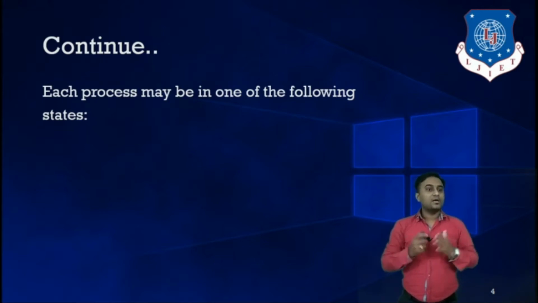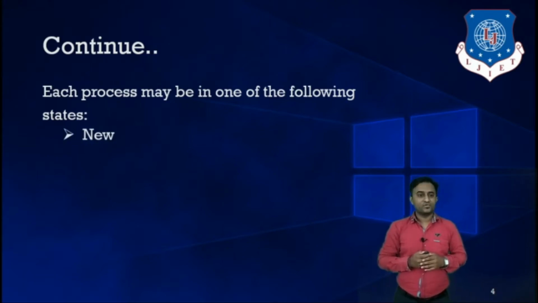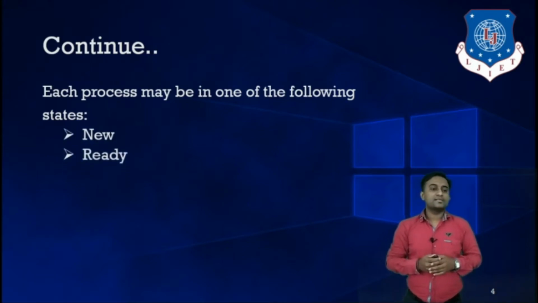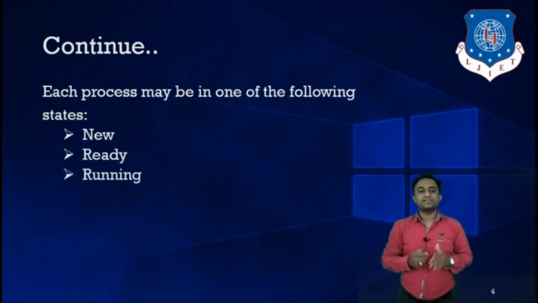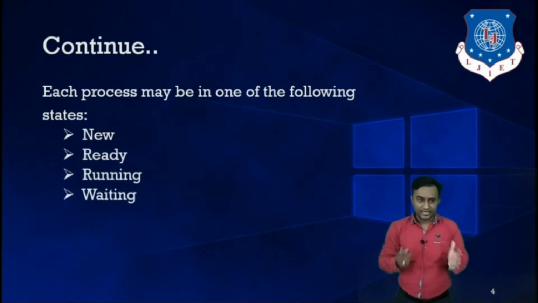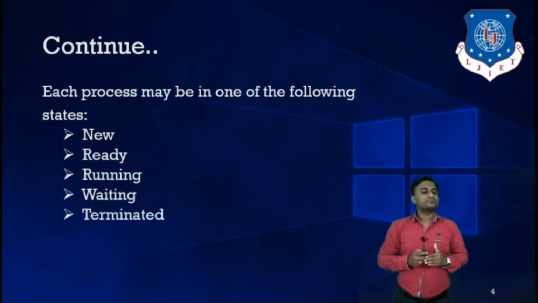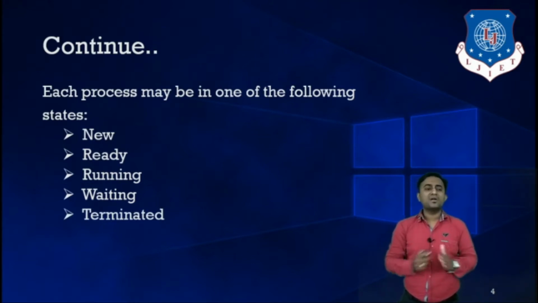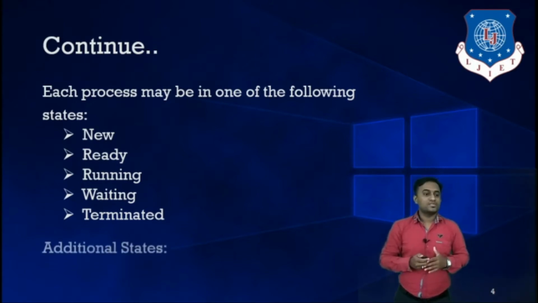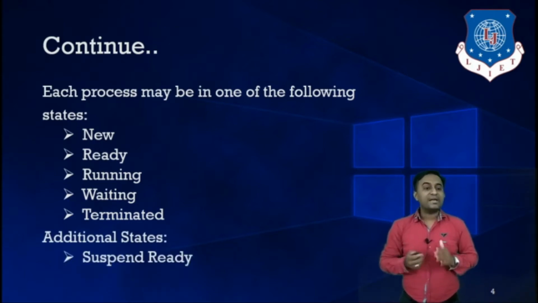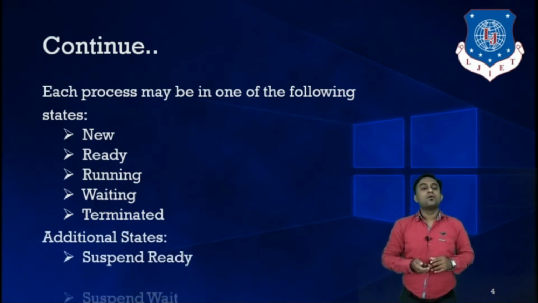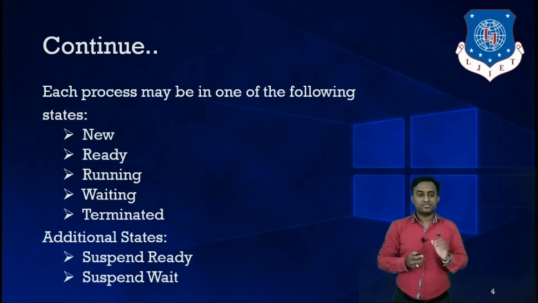The first one is the new state, the second is the ready state, the third is the running state, the fourth is the waiting state, and the fifth is the terminated state. These 5 are the basic states of the process state diagram, and the 2 additional states are suspend ready state and suspend wait state.